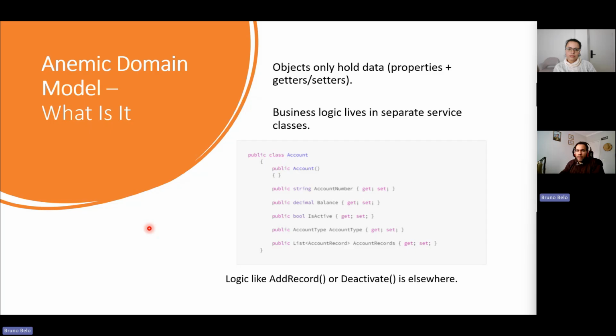So in an anemic domain, the objects hold only data, and that goes against object-oriented programming, because object-oriented programming says that objects contain data plus behavior. So an object knows how to do things.